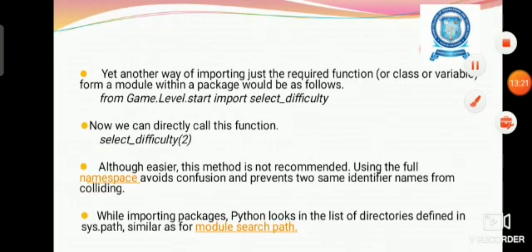In another option, if we want to use the select difficulty method in our program, we can directly import the particular method from the start module. For that we can use the statement: from game.level.start import select difficulty. We are importing directly the exact method from a particular module.